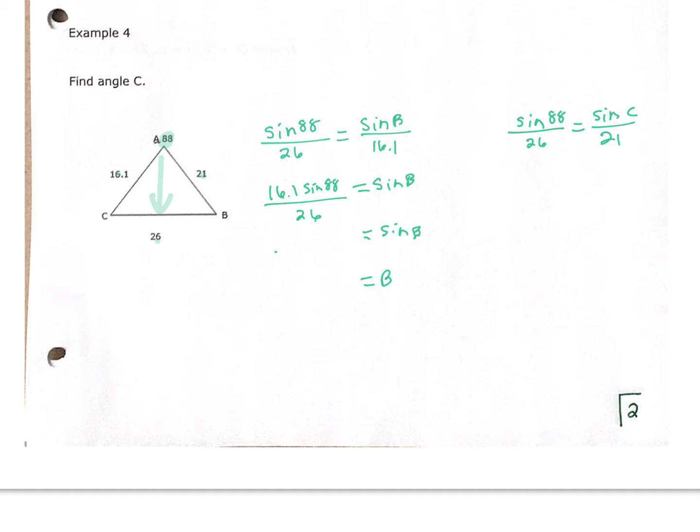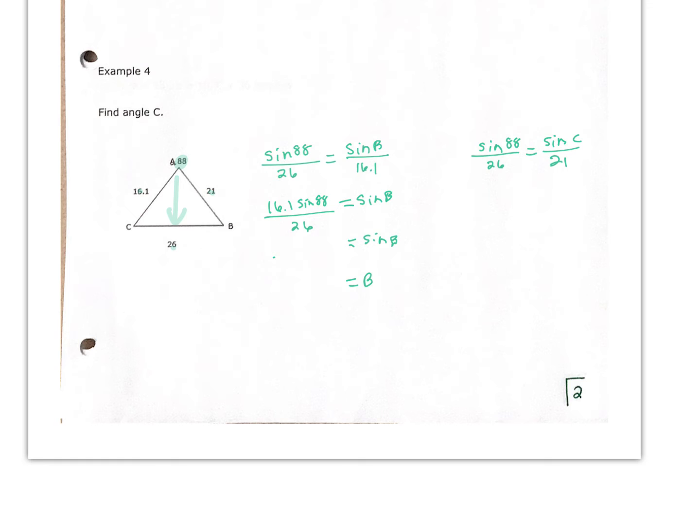And then we've got to do inverse sine to find the angle measure. And then similarly here. Now, at this point, you could also just subtract from 180, but it's actually kind of nice to do this as a check.